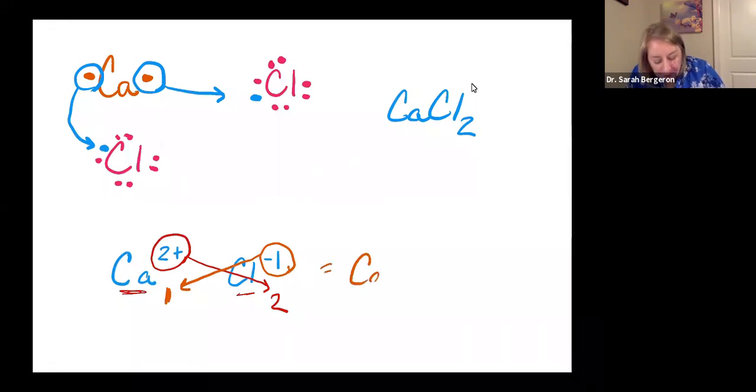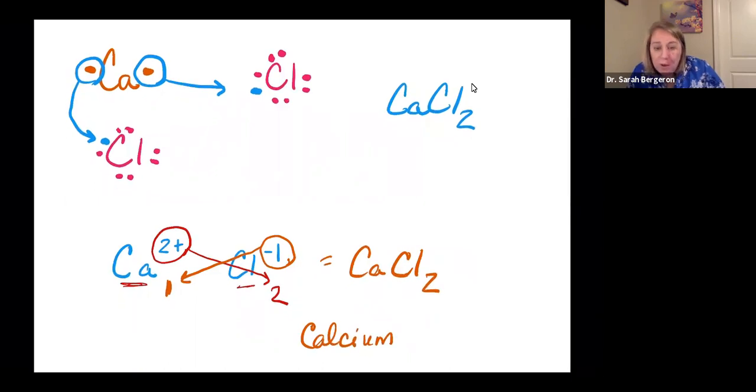That gives me Ca1, but I don't write a 1, Cl2. Okay? So this would be calcium, and then we have chlorine, but we can't say chlorine. We're going to say chlor, C-H-L-O-R-ide, chloride. So that's what we call a crossover.